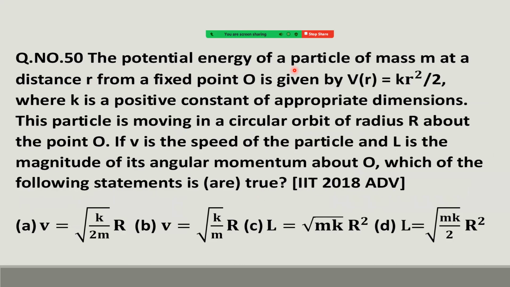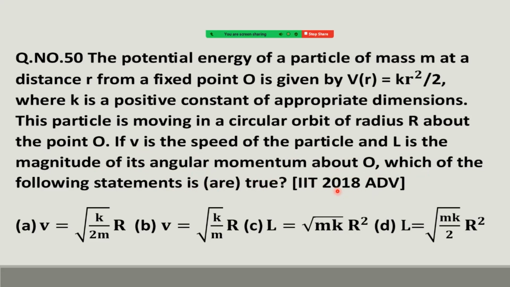The potential energy of a particle of mass m at a distance r from a fixed point O is given by kr square by 2. K is a positive constant of appropriate dimensions. This particle is moving in a circular orbit of radius R about the point O. If v is the speed of the particle and L is the magnitude of its angular momentum about O, which of the following statements are true?